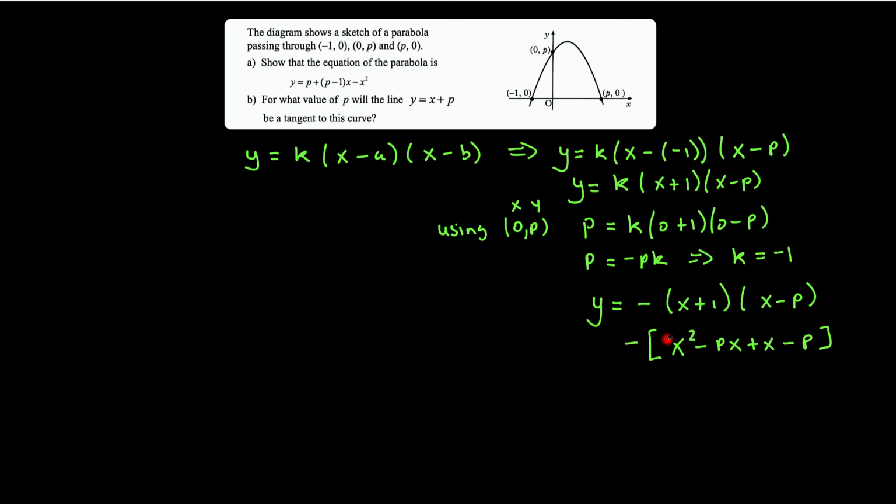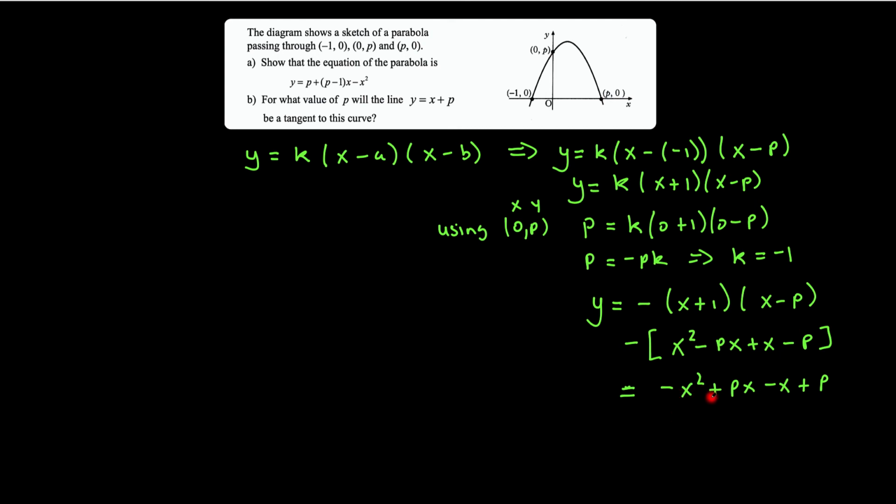Now I'm going to multiply everything by the -1, that minus out there. That should equal minus x squared plus px minus x plus p.